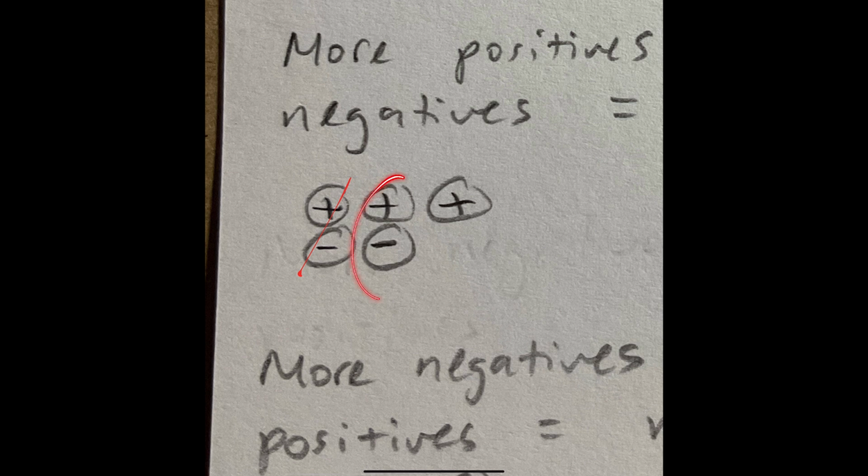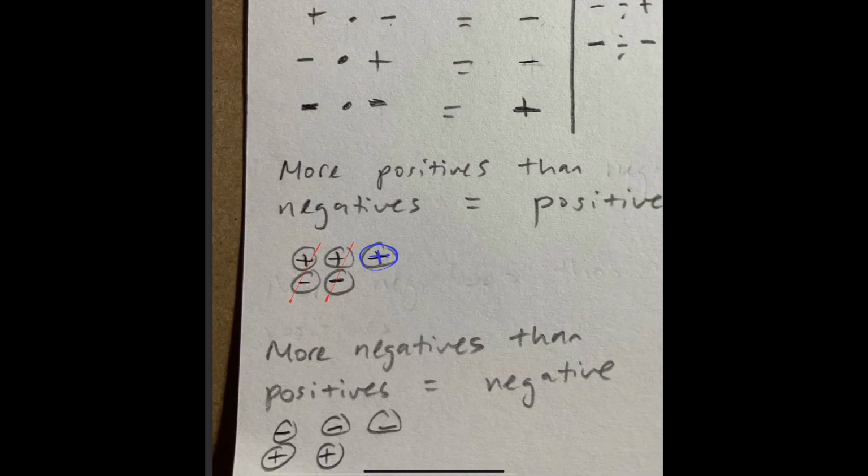And same thing with this pair. This positive and negative will cancel each other out as well. So we're left with this positive, right? It's not paired with another negative. It's the only positive in this situation. So again, if we have more positives than negatives, then our answer is positive.